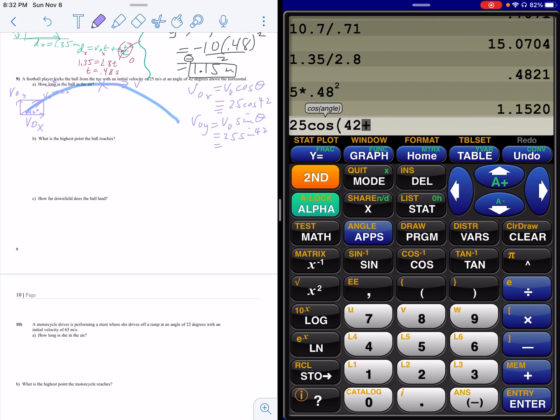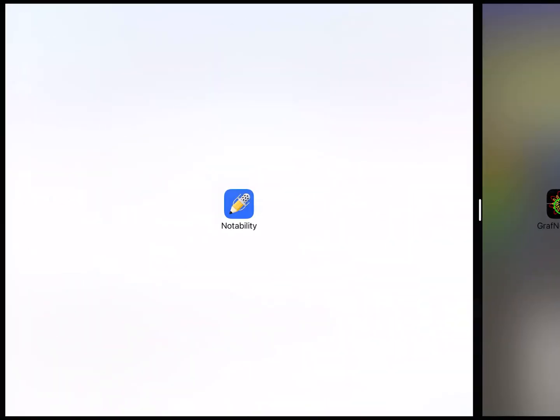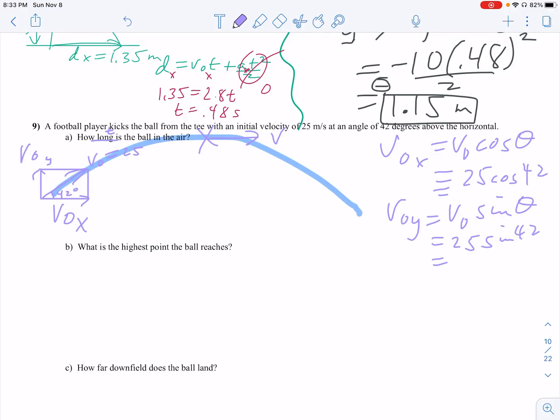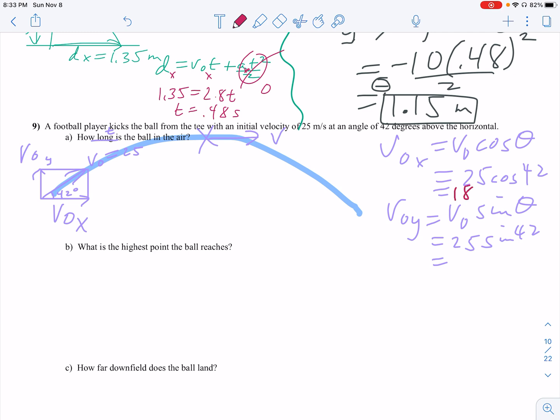Oops. 18.6 meters per second going forward.